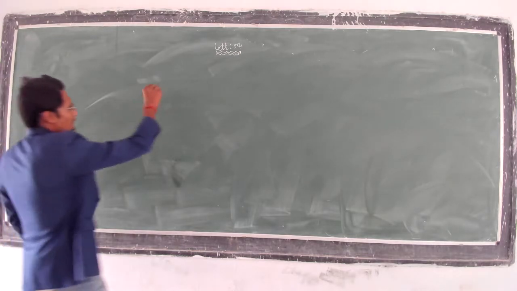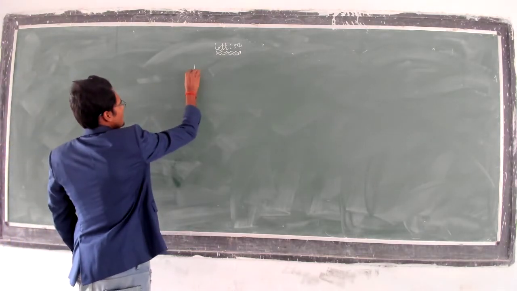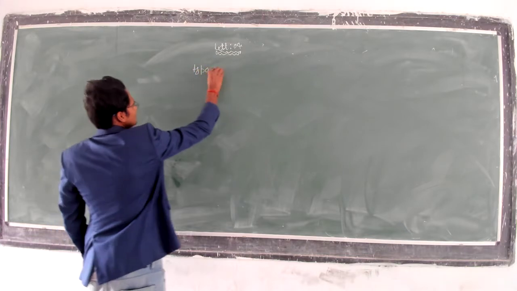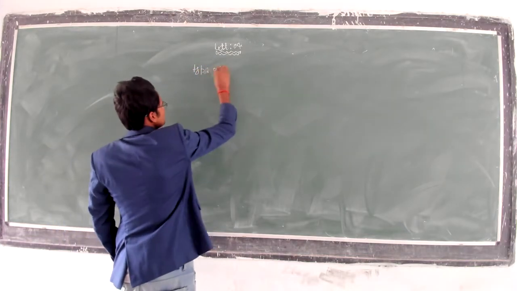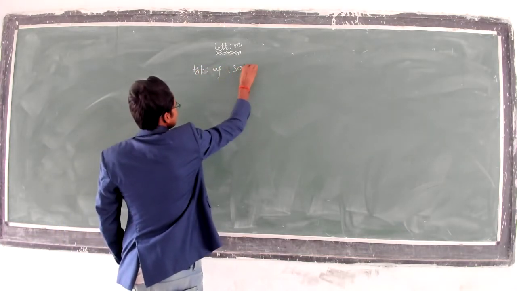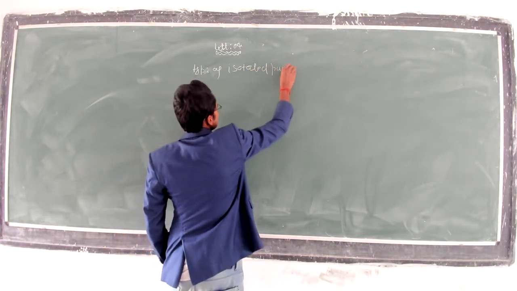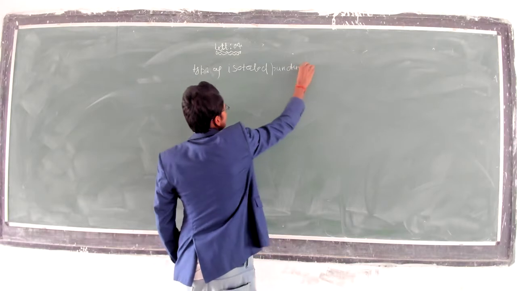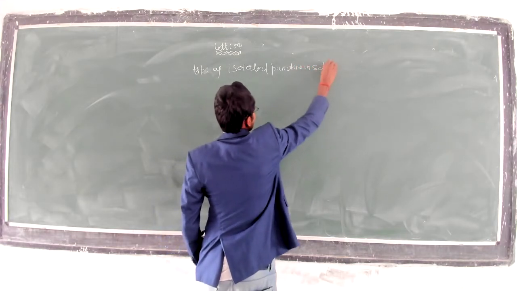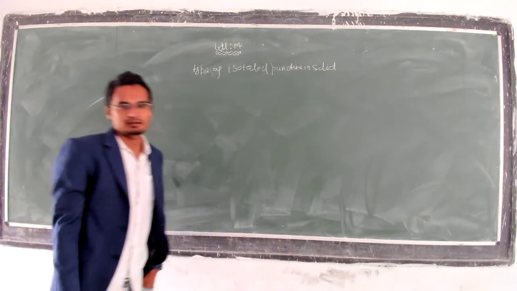So, lecture number 4. Yeah, so we had seen, right. Now come to the point: the types of isolated singularities.